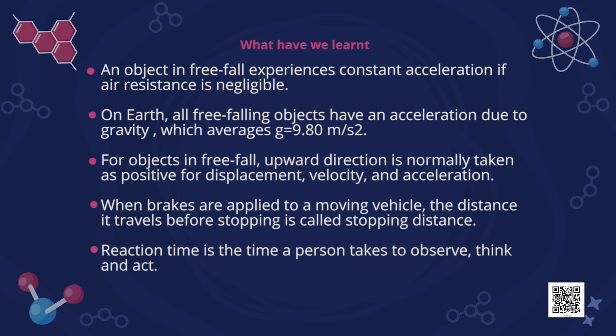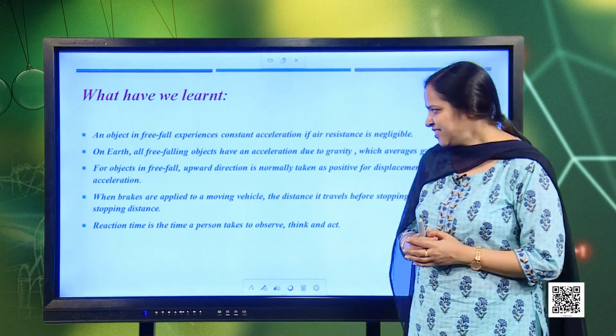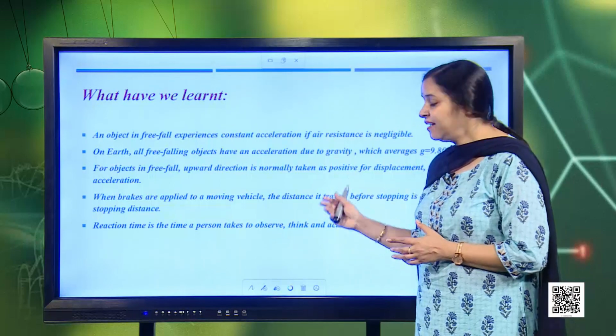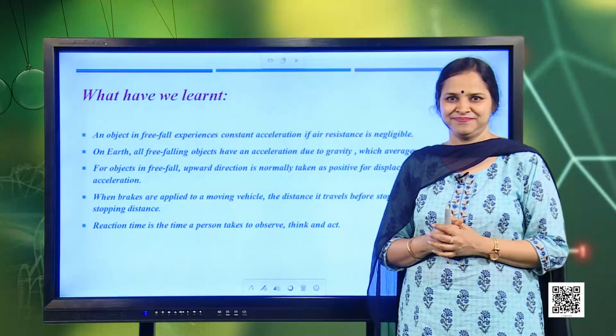For objects in free fall, upward direction is normally taken as positive for displacement, velocity and acceleration. When the brakes are applied to a moving vehicle, the distance travelled before stopping is called the stopping distance. The reaction time is the time a person takes to observe, think and act.